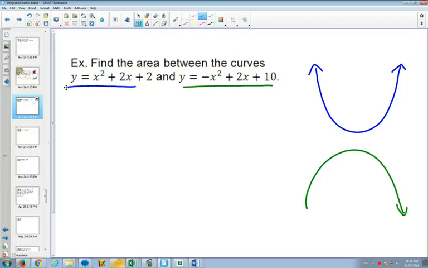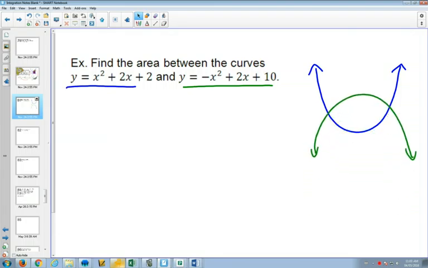The parabola opening down might look like that, and then there would be no intersection point and no area between them, or if you wanted to count this, all the area in between it would be infinite. But if they do intersect, it would have to be that the green one was on top of the blue one. Does that make sense?